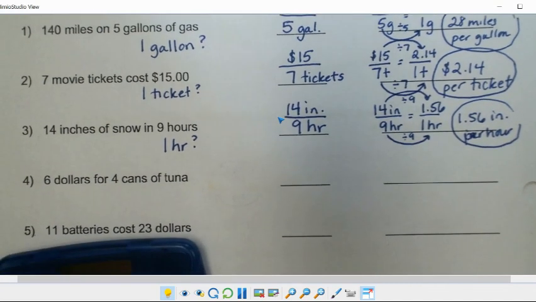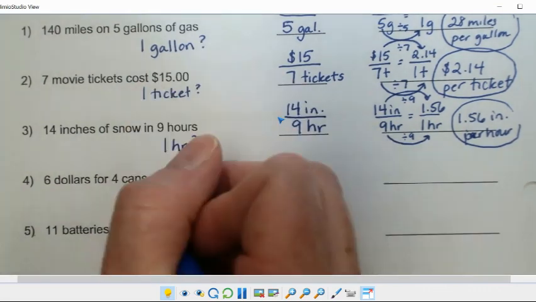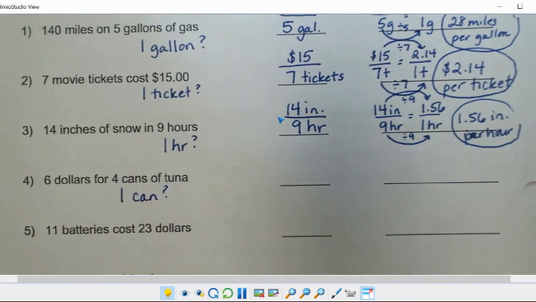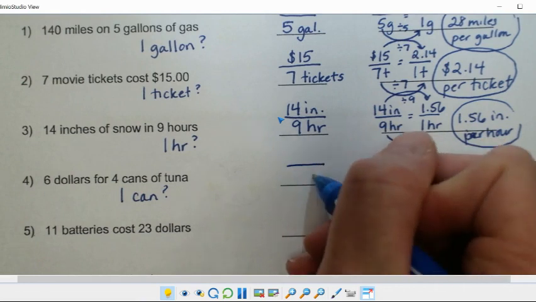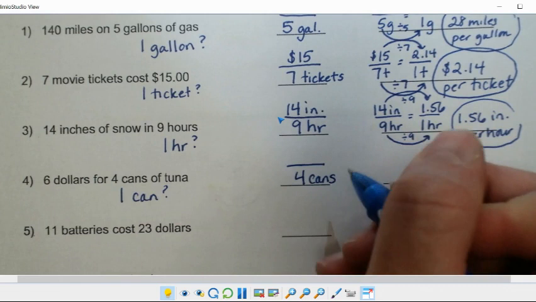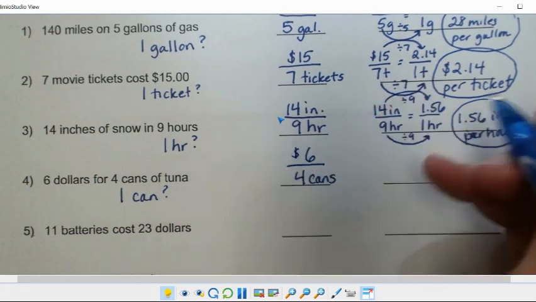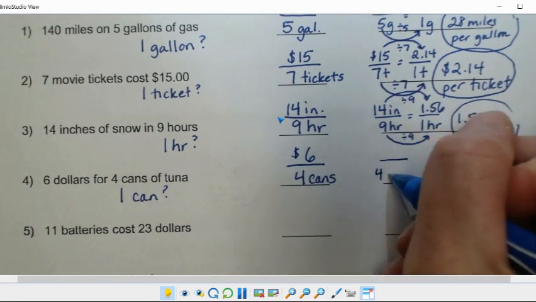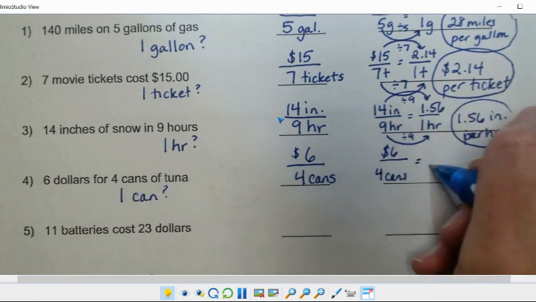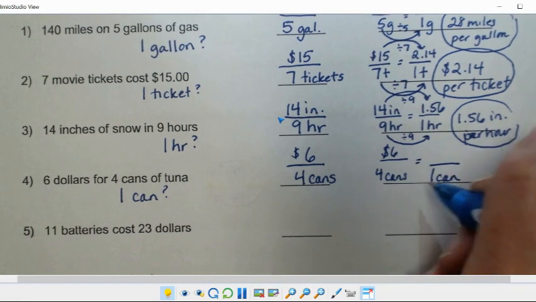Try number 4. $6 for 4 cans of tuna. And I want to know what 1 can is. So again, I want per can. If I have 4 cans and it's $6, I want to know what 1 can is.